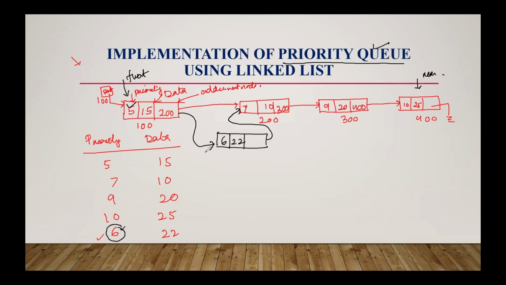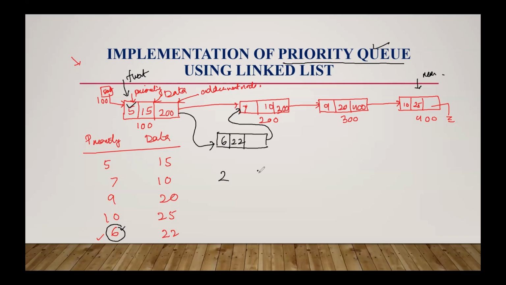But as it is a priority queue, whenever an enqueue operation, or inserting data into the queue, is performed, at that time the node is created and we store the priority value and information value. After that, we have to search for the proper location or position associated with the priority value of the new node.